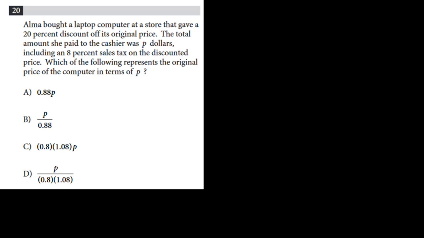All right, let's go ahead and work on this problem. Step one is that we always read the question: which of the following represents the original price of the computer in terms of P? The next thing I do is look at the variables. There's a 20% discount off its original price, and the other important part is that there's an 8% sales tax on the discounted price.